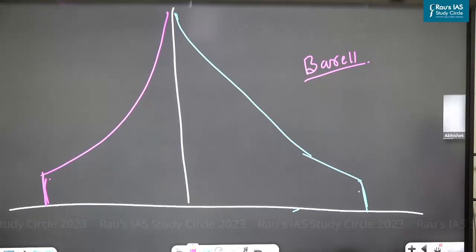The dependency ratio, in bracket you can write, age of working population by age of children and elderly population. This is the dependency ratio. The dependency ratio is low.